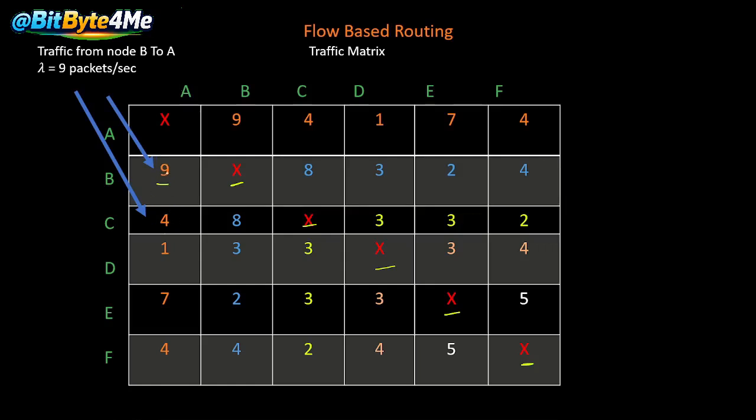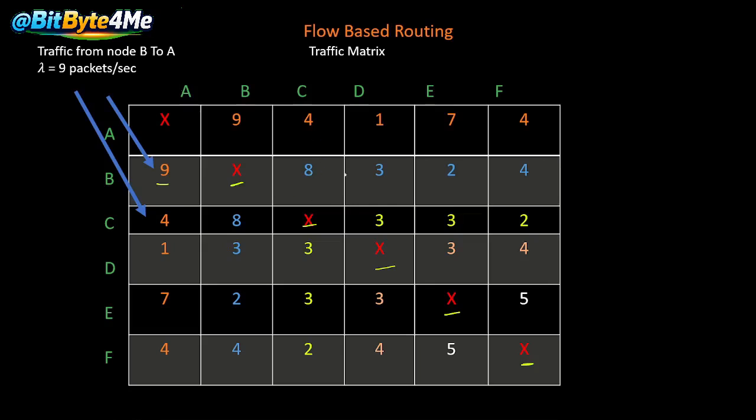It is actually lambda, the number of packets which travel from B to A, from C to A, from D to A, from E to A, and from F to A. The same traffic will be here on the other side of the matrix.